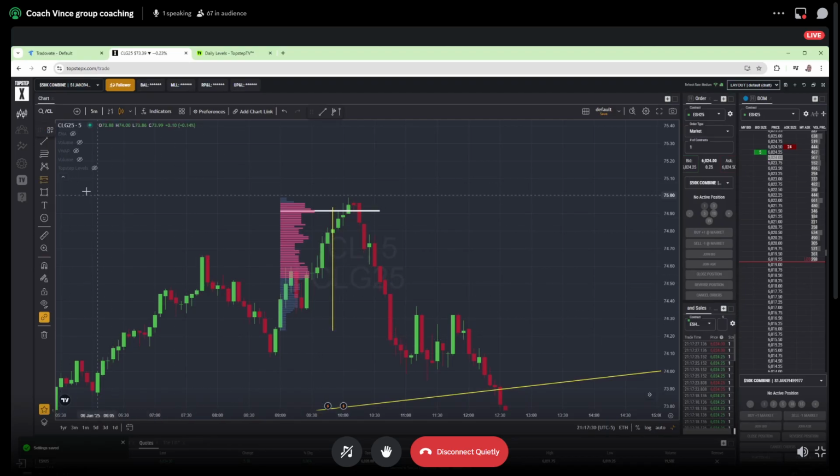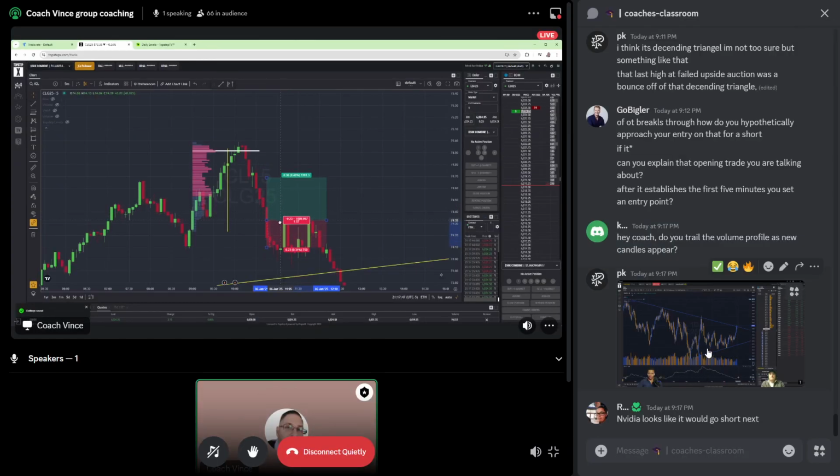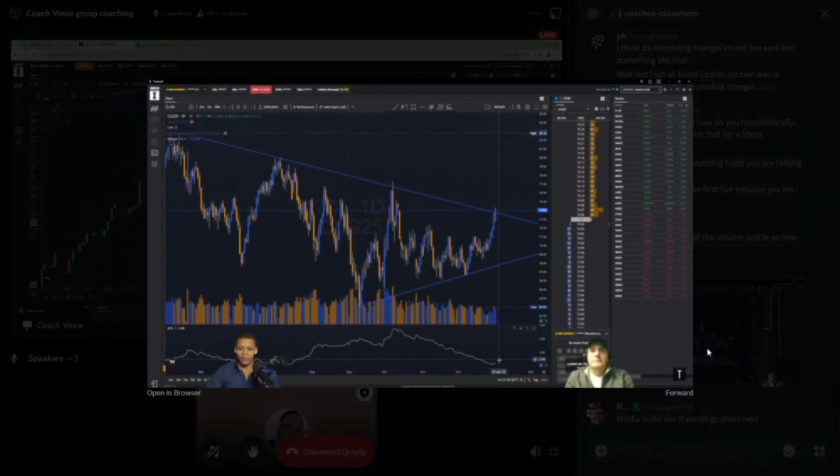The range bound guys, they got smoked on this one because they looked to get long here, risking this low. So they get back long, looking for this to rotate. You can see you got the big green candle, and they're probably looking for this to rotate all the way back up to point of control. But you can see it failed.